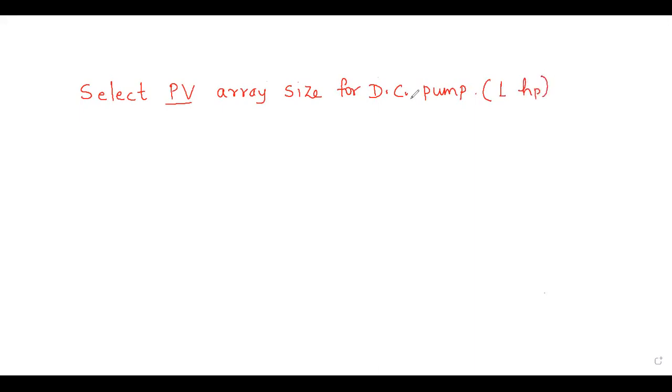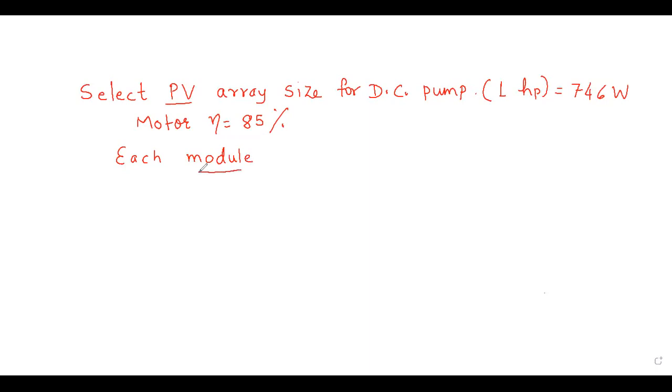1 horsepower is typically 746 watts. And let us say that the motor efficiency is 85%. And each module, what is a module?